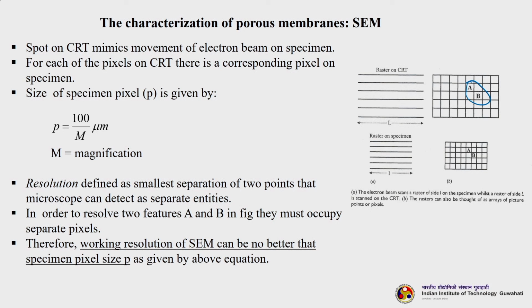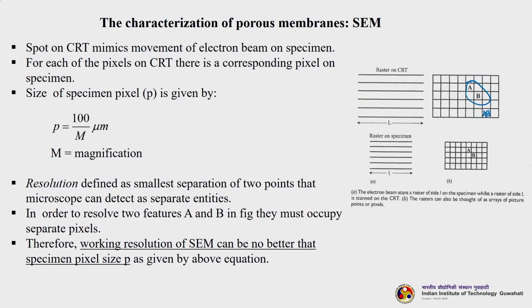If both A and B occupy the same pixel, the resolution will be very low. We cannot see A and B completely and differently, so they should occupy different pixels. Therefore, the working resolution of SEM can be no better than the specimen pixel size P, as given by the above equation.